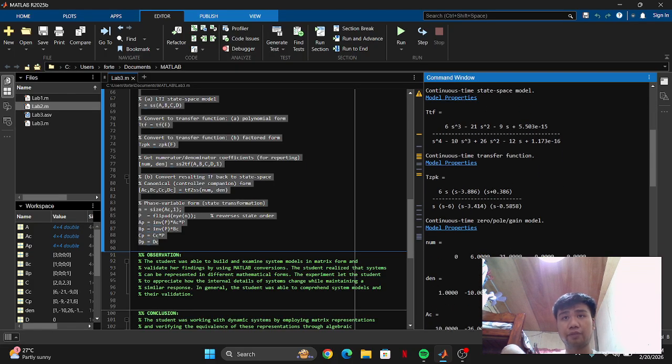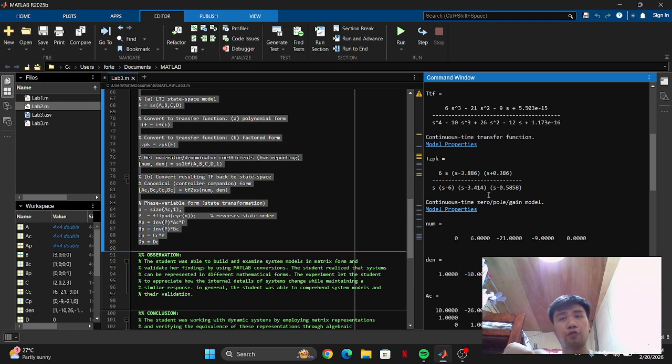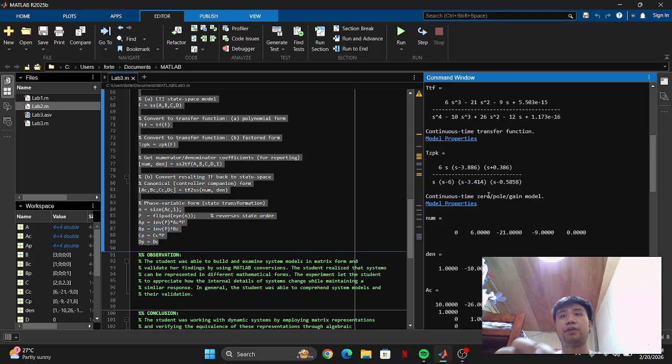Factoring that out, that should be 6s (s - 3.886)(s + 0.386) all over s (s - 6)(s - 3.414)(s - 0.5858).